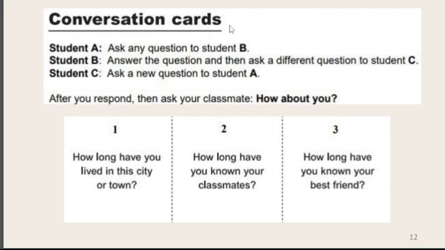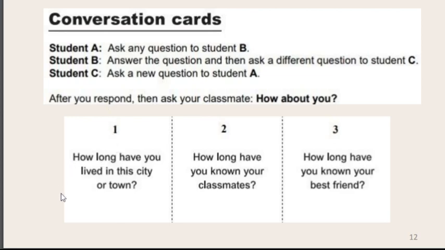We will have a set of conversation cards to practice. And the directions say student A will ask any question to student B. Student B answer the question and then ask a different question to student C. Student C will ask a new question to student A. After you respond, then ask your classmate, how about you?